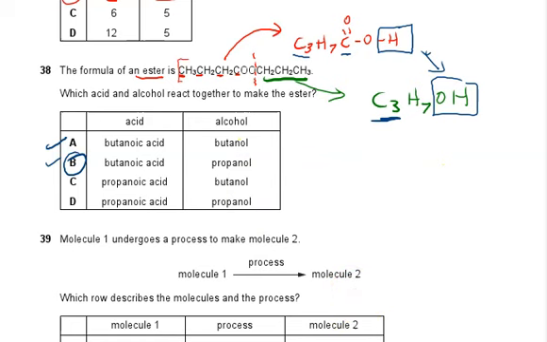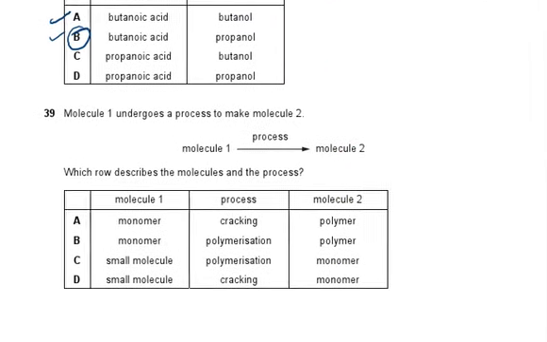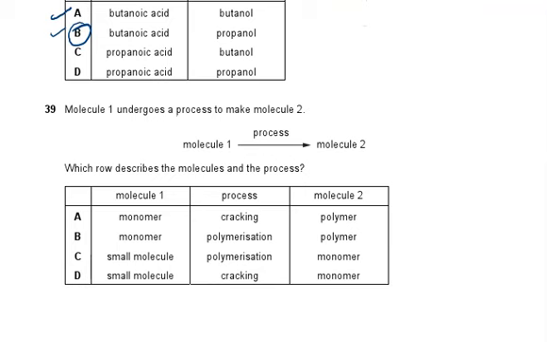Now let us go for 39. Molecule 1 undergoes a process to make molecule 2. Describe which row describes the molecules and the process: molecule 1, process, and molecule 2. Let us look at one by one.